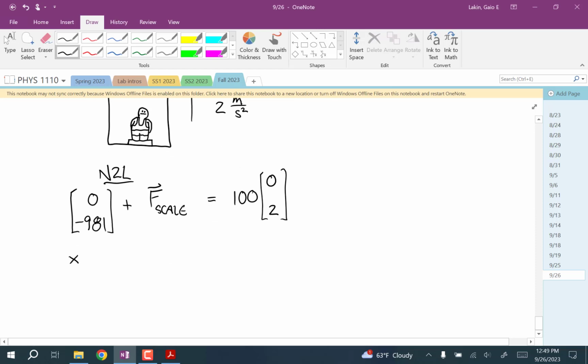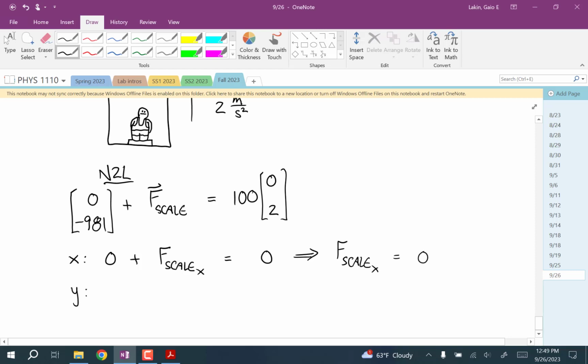Okay, so the x equation says 0 plus f scale x is equal to 0. Bless you. And so this tells us that f scale x is 0.